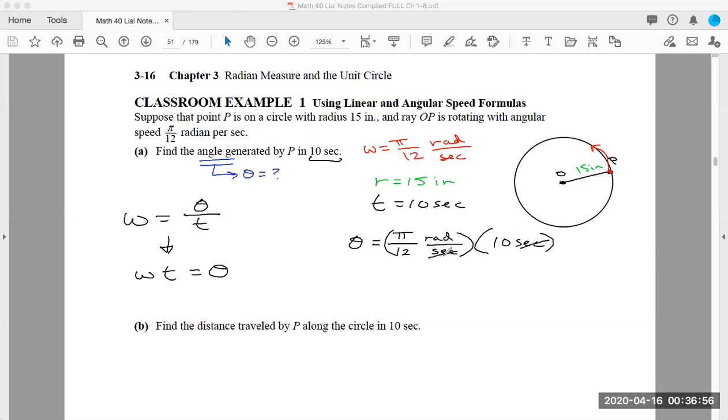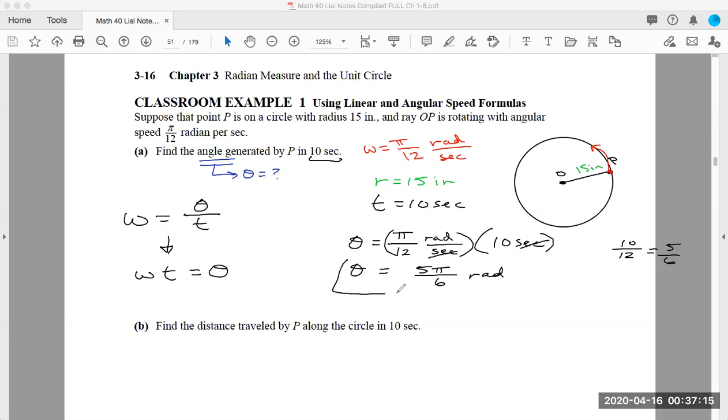Seconds cancel. You can simplify the 10 over 12 to 5 over 6. So theta is 5 pi over 6 radians.